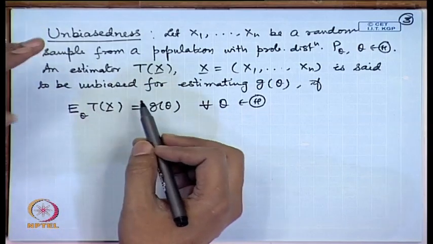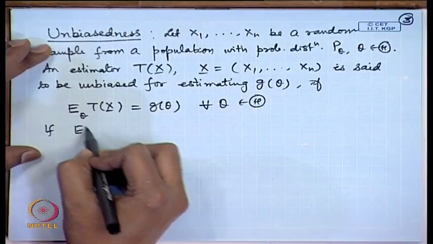That means, if a sufficiently large number of samples are considered, then the average value of the estimator calculated from those many samples will be actually equal to the true parameter value.